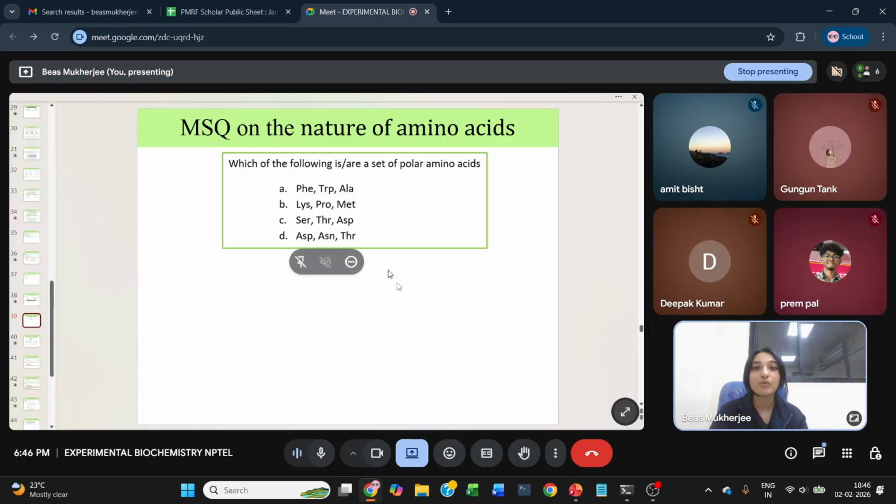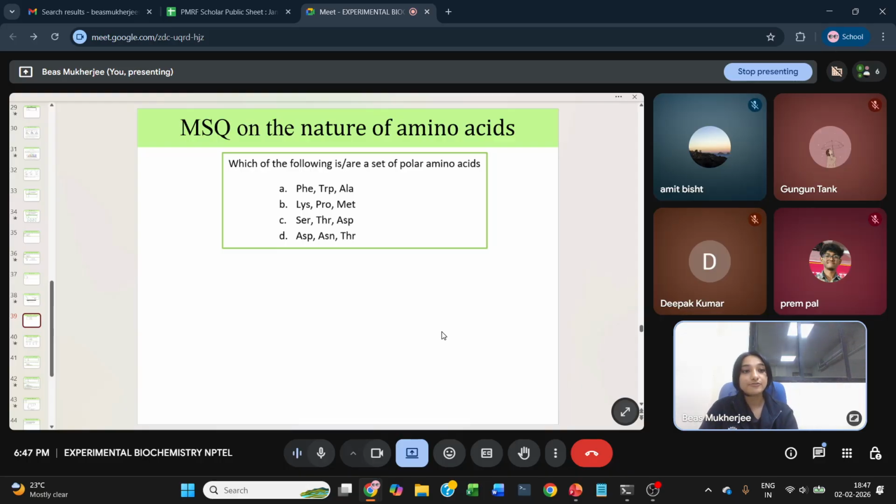Now, we have something very important. Which of the following is or are polar amino acids? Polar amino acids are often on the outer side of the protein because they interact with water molecules and improve the solubility of the protein.